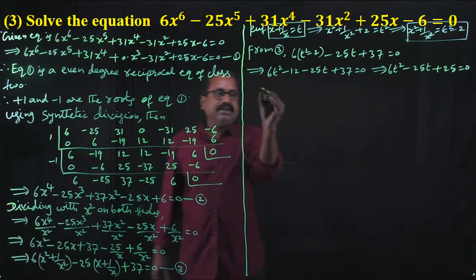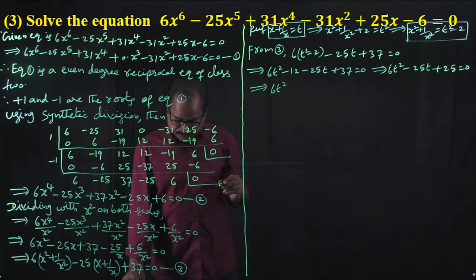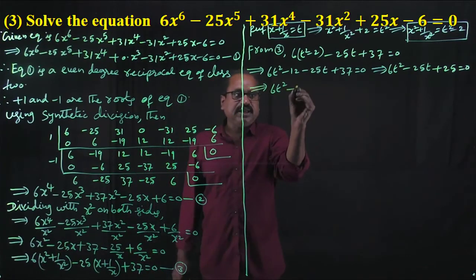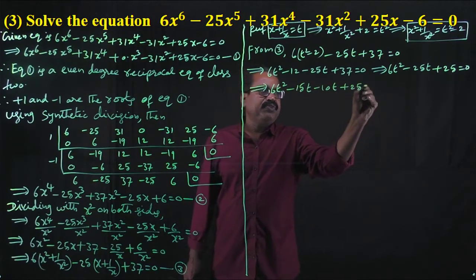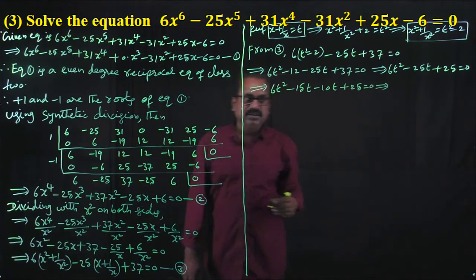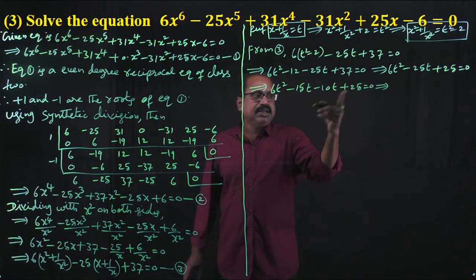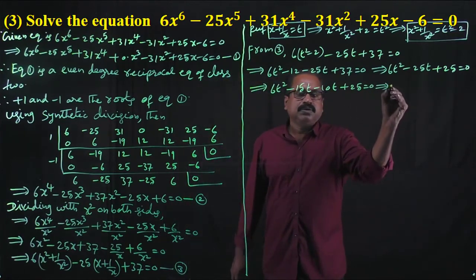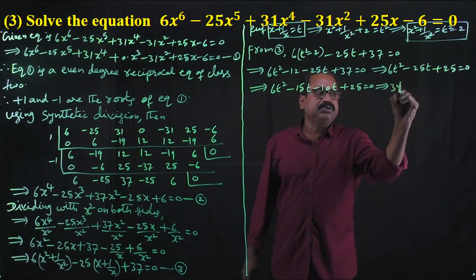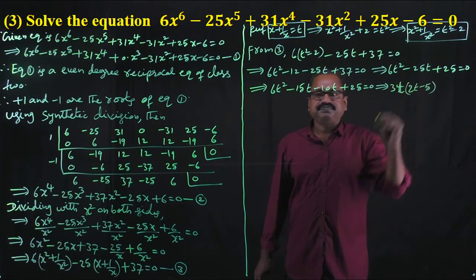So this implies factors: 6t square minus 15t minus 10t plus 25 is equal to 0. Here 3t is a common factor: 3t into 2t minus 5.